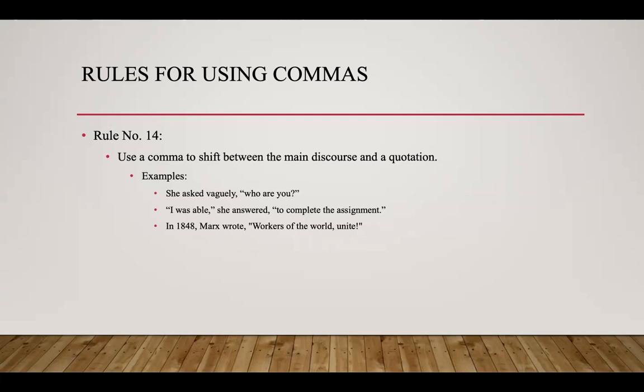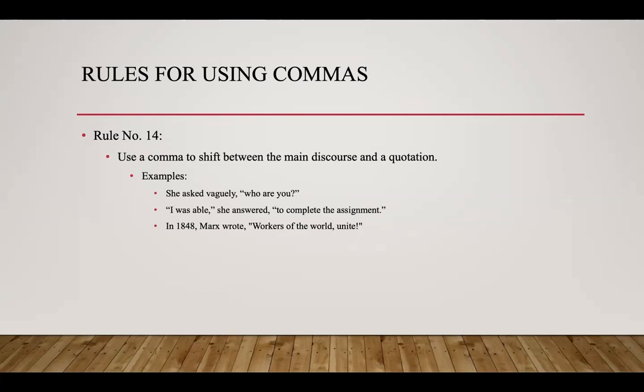The third example here. In 1848, Marx wrote, comma, "Workers of the world, comma, unite." Now here we have different types of comma rules in this specific sentence. After the year, in 1848, comma, that's one of the rules that we have already discussed.